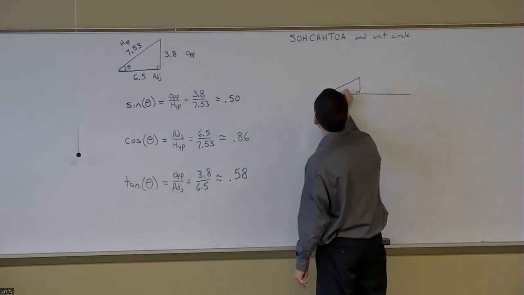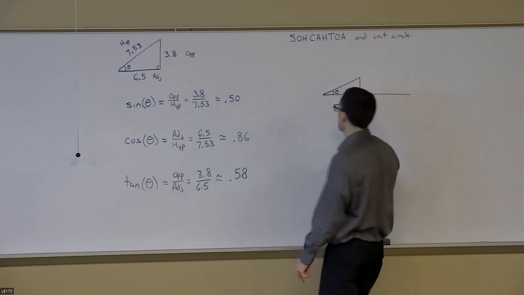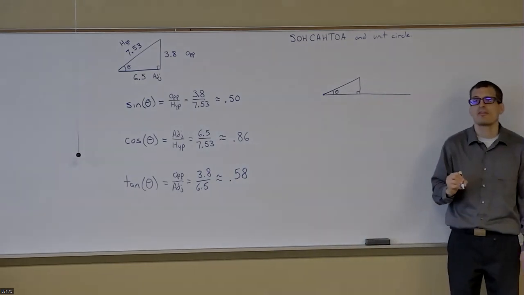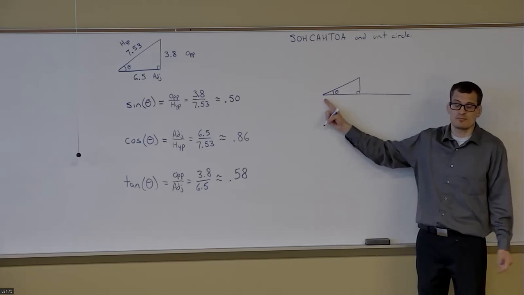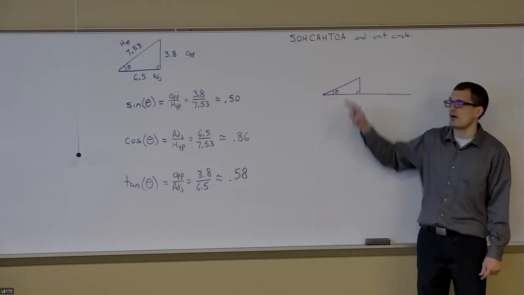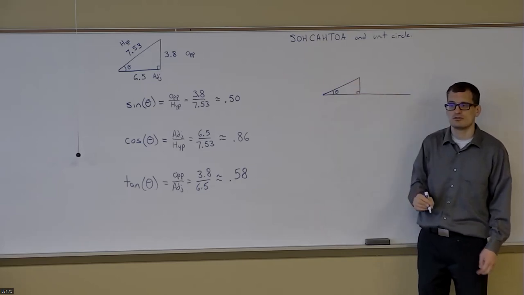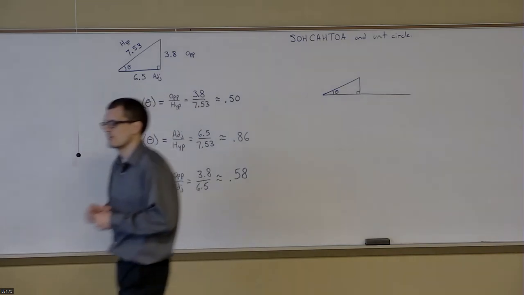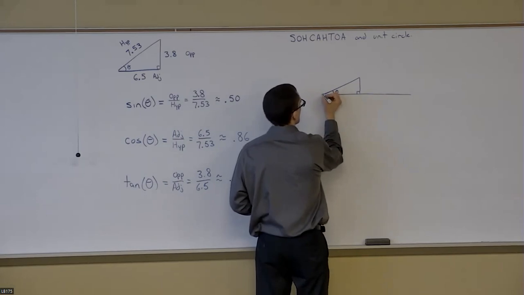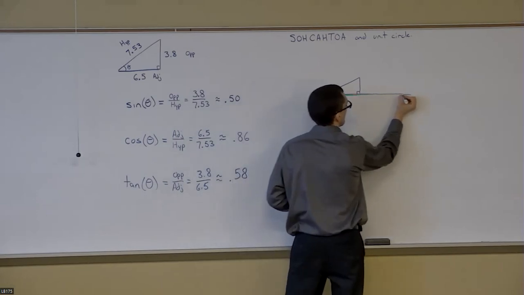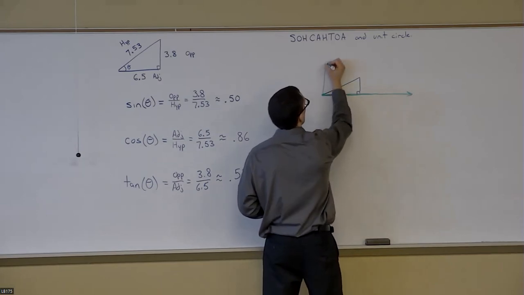And I'm going to put the vertex of angle theta at the origin. So I'm going to draw a grid, the rectangular coordinate system.